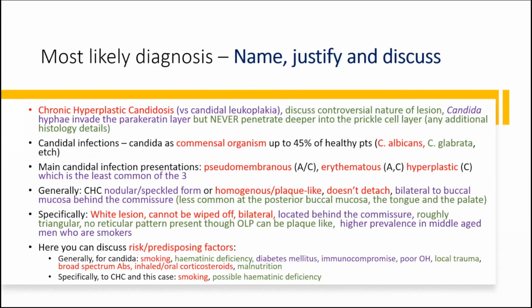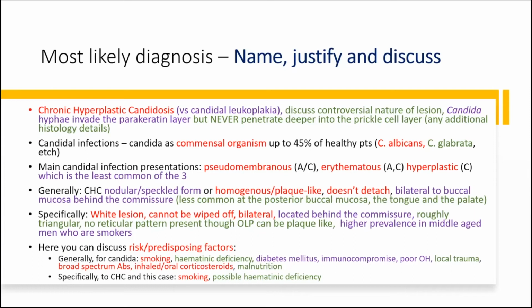So when we approach the most likely diagnosis, we need to name it, we need to justify it, and we need to discuss it, okay? So in this case, the most likely diagnosis is chronic hyperplastic candidosis.